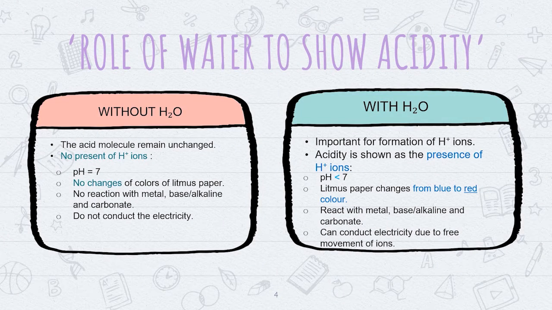As I mentioned in the previous video, this shows the role of water in showing acidity. Without the presence of water, the acid molecule cannot ionize, but with the presence of water, the hydrogen atoms in the acid can ionize and produce hydrogen ions.